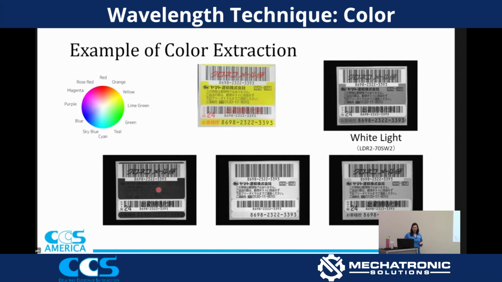Left? Why do you say left? It's middle. Yep, so we can tell that this is the red light image because that red text in our barcode is being illuminated and reflecting so much light that it effectively disappears into the white background, and therefore it's removing that red text, and we're just seeing it blend in with the white background.